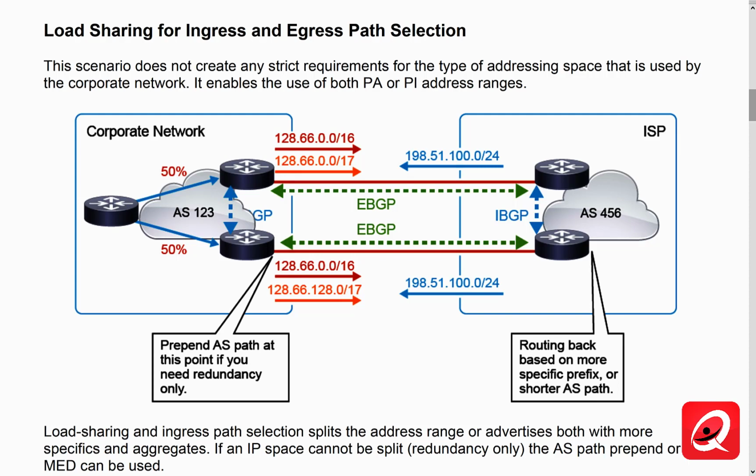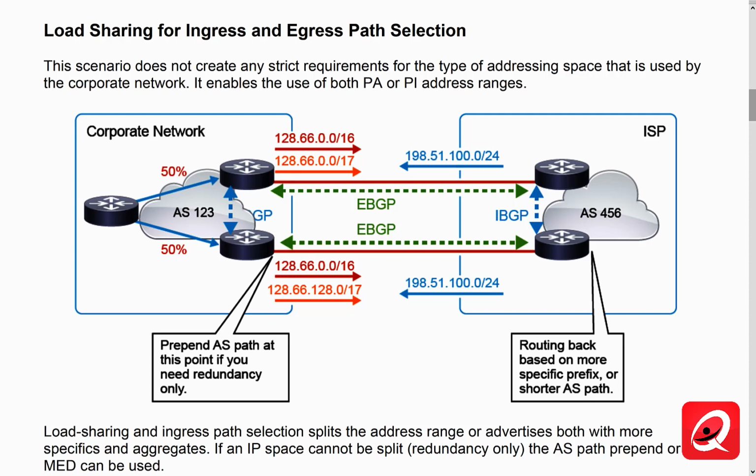But because we do longest match routing, or longest prefix length routing, we can still influence the specific path that's being chosen based on those longer prefixes. If the address space cannot be split, the AS path prepend or MED can be used. So again, trying to influence how the service provider decides to route to our 128.66 subnet.